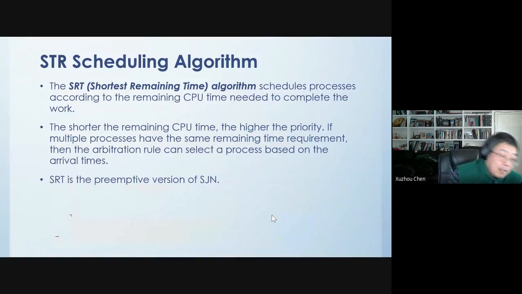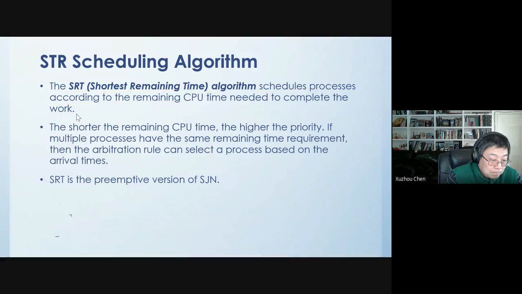And then we're going to discuss another scheduling algorithm called SRT, the shortest remaining time algorithm. The shortest remaining time algorithm schedules the process according to the remaining CPU time needed to complete the work. Now, what's the difference?